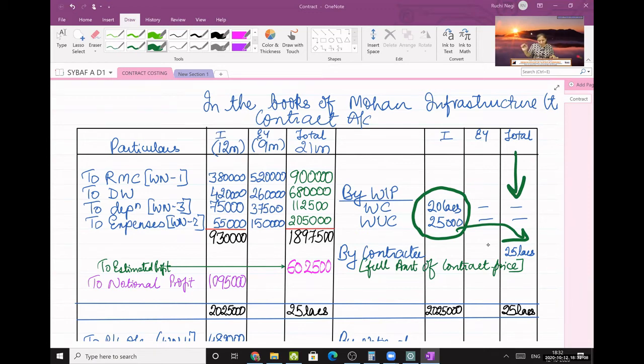So the total is there with us, 25 lakhs, in which the closing WIP is already there. So why would I do double entry? This is the mistake that most students make when they calculate estimated profit under estimated contract.